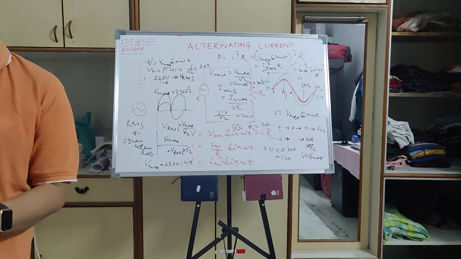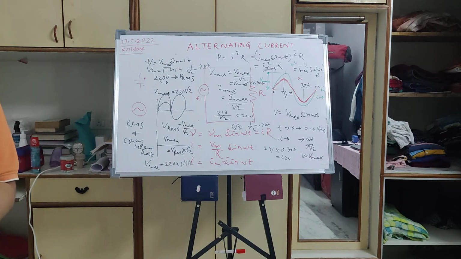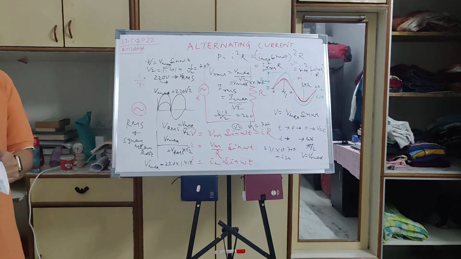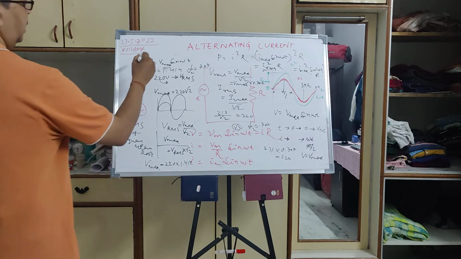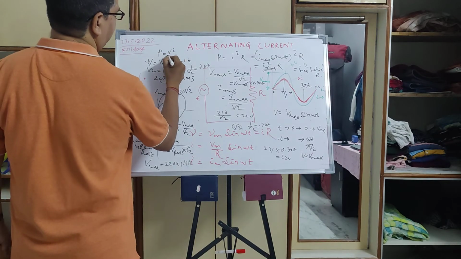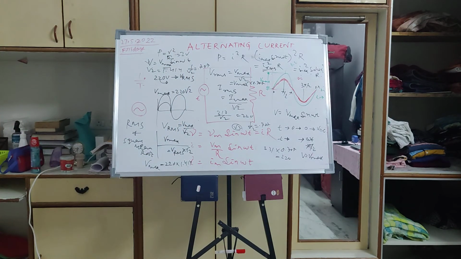In fact, RMS current is the equivalent DC current, the DC current that would produce the same average power loss as an alternating current. So the equation can be written as P is equal to V square by R or IV or whatever. These are all RMS values, right?